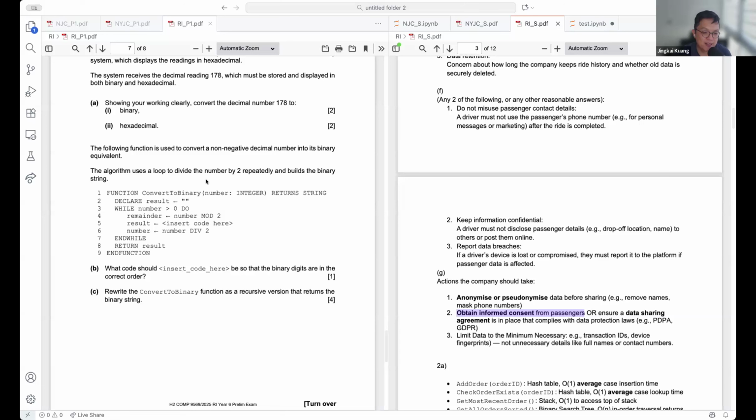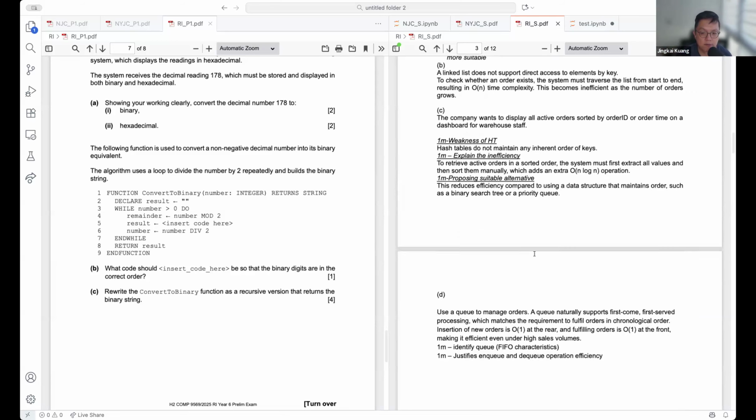So in this case, your insertion has to be inserted at the front. Usually when we add to a string, we add to the back: string equals string plus new item. But in this case we have to add to the front. So in this case, result equals remainder plus result.